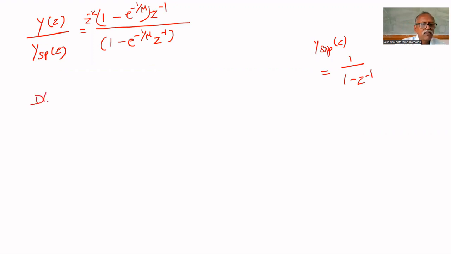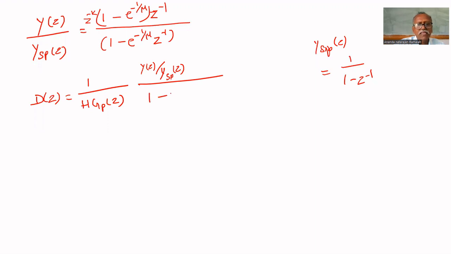Therefore, D of z equal to, we know the formula, 1 by H Gp of z times Y of z upon Y set point of z, whole divided by 1 minus Y of z upon Y set point of z.